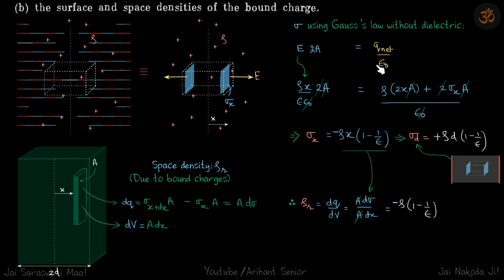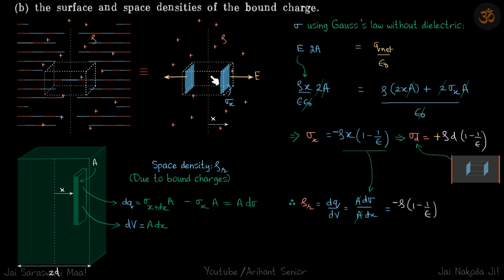So this time we will not use epsilon, only epsilon naught, and the electric field we already derived, times 2a. From here we got sigma x, and sigma x is negative, and at the extreme end sigma is going to be positive. For space density, using the values of sigma, we saw that it is d sigma by dx, which gave our answer.